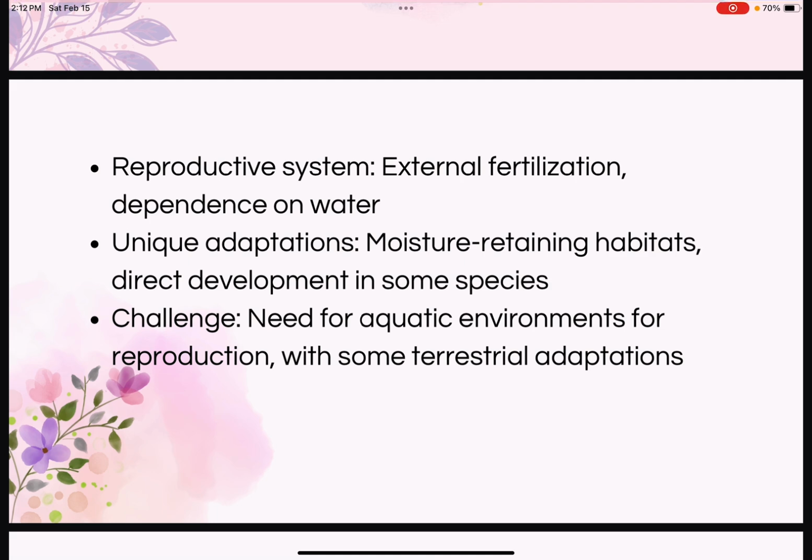Some amphibians have evolved unique reproductive strategies such as direct development or guarding and caring for their eggs. Amphibians still rely on aquatic environments, and their adaptations to terrestrial environments often involve the evolution of moisture-retaining habitats for their offspring.